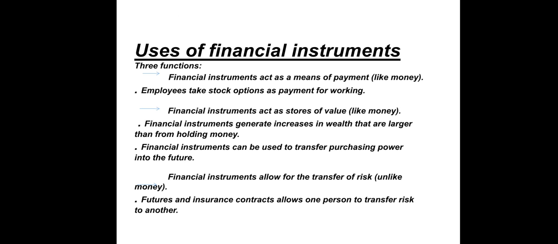They can be used to transfer purchasing power into the future. They allow for the transfer of risk. Insurance contracts allow one person to transfer risk to another. Here the person can transfer their risk to another person. So these are the uses of financial instruments.